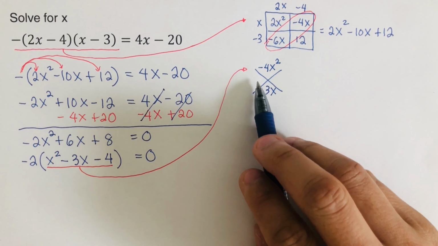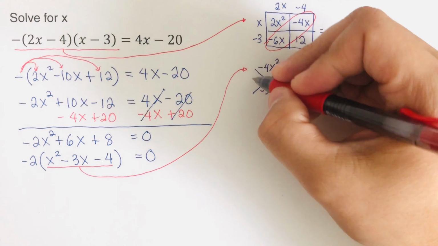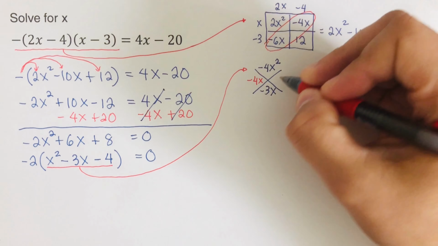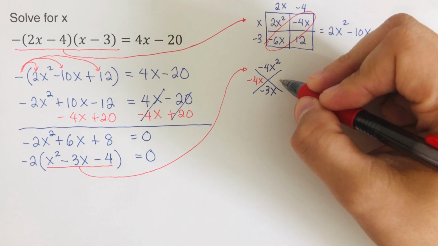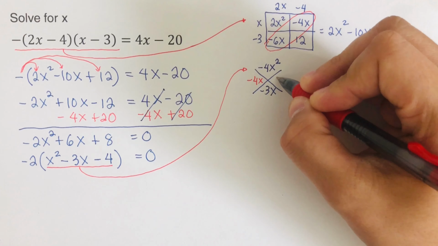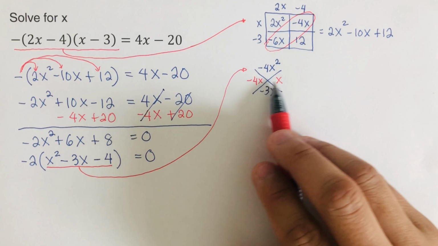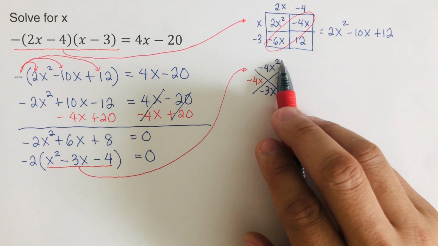So we need to determine the factors. The two factors here would be negative 4x and positive 1x. So if I multiply negative 4x times x, it is negative 4x squared.